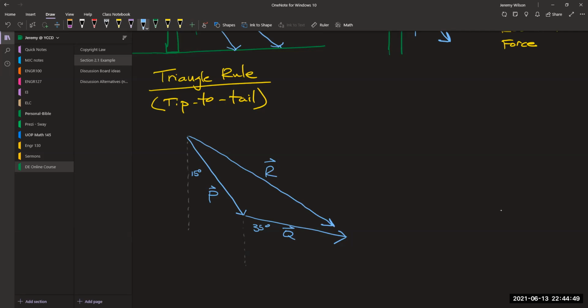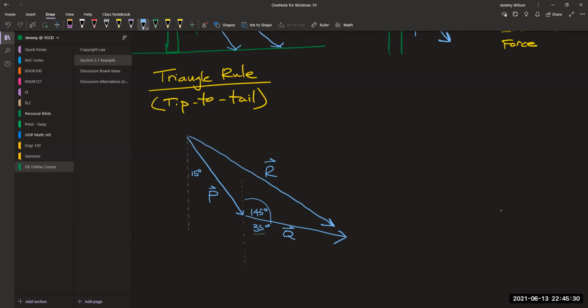A little bit of geometry. We need to know what this angle is right here. So how do we do that? Well, a little bit of a tip. I'm going to extend my vertical line. And I know that if I have 35 here, I have to have a 145-degree angle here between these two, 145 and 35, of course, adding to 180.